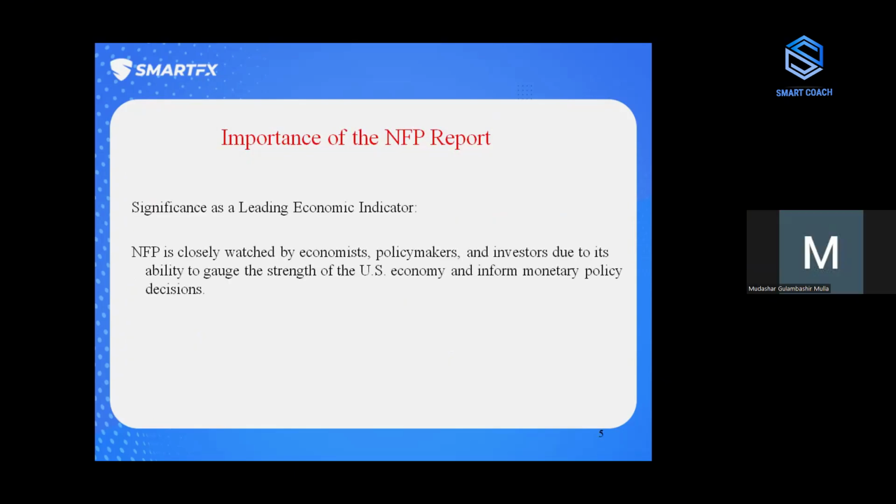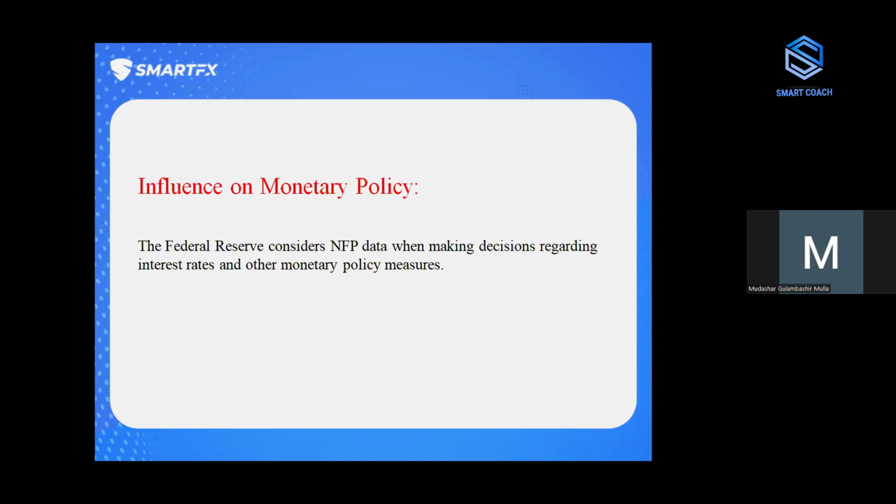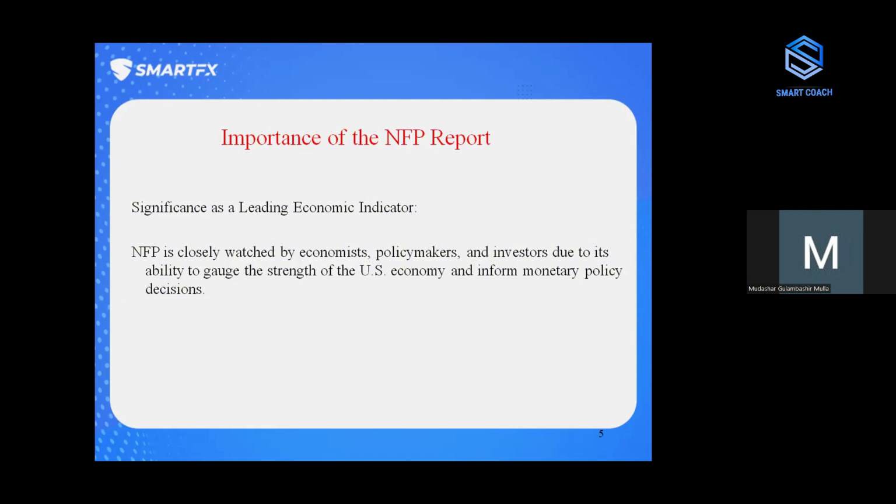Significance as a leading economic indicator. NFP is closely watched by economists, policy makers, and investors due to its ability to gauge the strength of the US economy and inform monetary policy decisions. Second, influence on monetary policies. Let me explain this briefly.